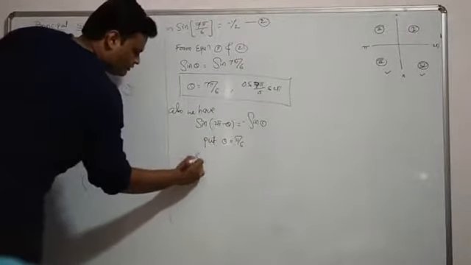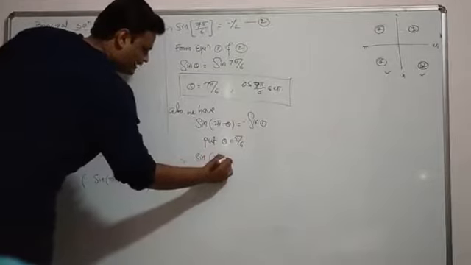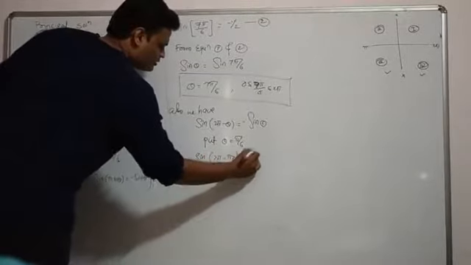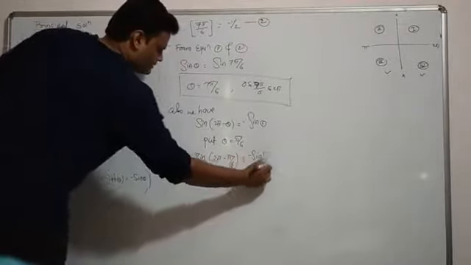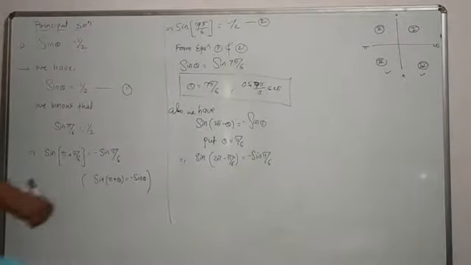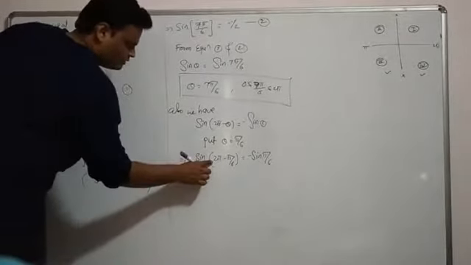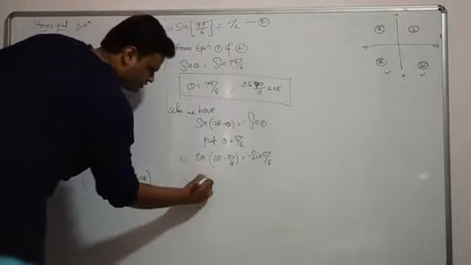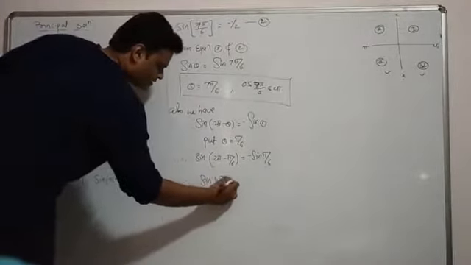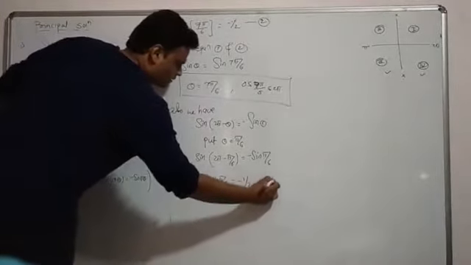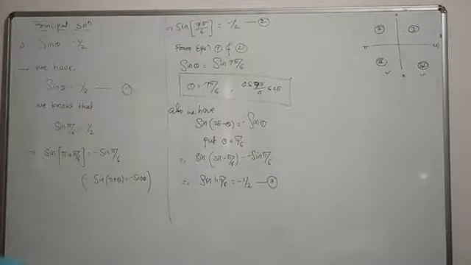So what you have, sine of 2 pi minus pi by 6 is equal to minus sine pi by 6. 12 minus 1, that is 11. So sine 11 pi by 6 is equal to minus 1 by 2. I'll call this equation 3.